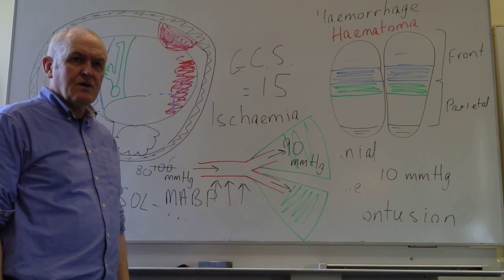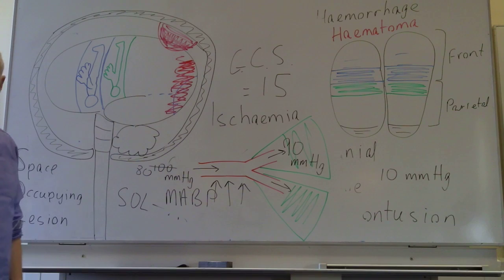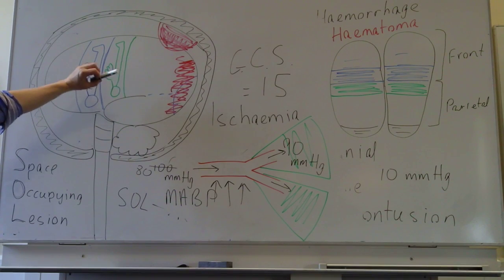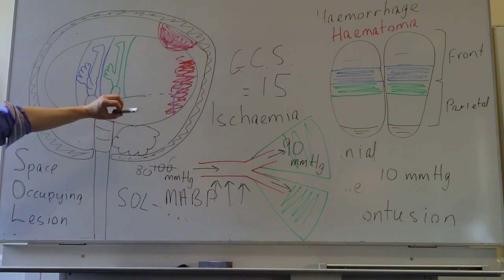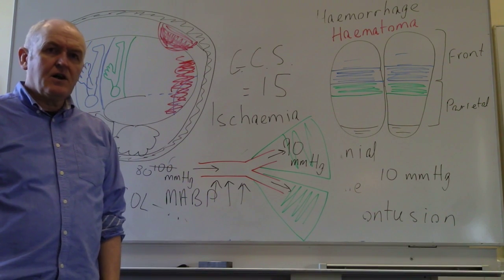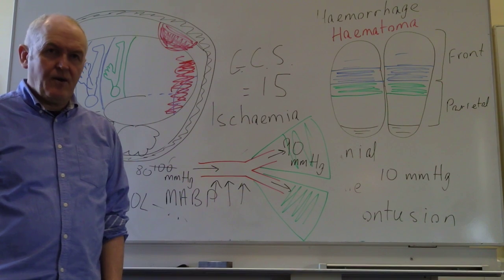There'll be cerebral hypoxia. Therefore, the brain can't generate consciousness as normal. Therefore, the Glasgow Coma scale reading will go down. So as intracranial pressure goes up, Glasgow Coma scale goes down.